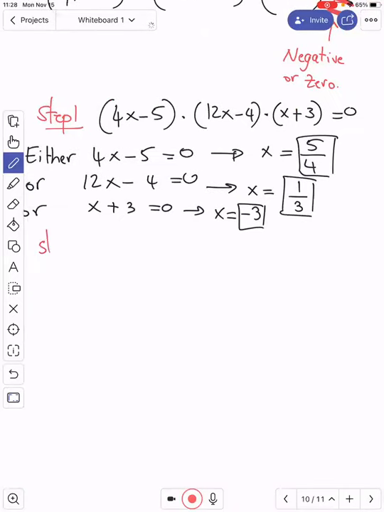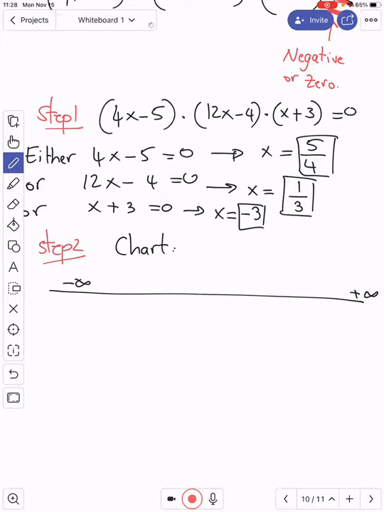So then the next step, to the chart. Here's my number line, and I'm going to put my solutions. First I'm going to start with the negative number, which is -3. Then just be careful.